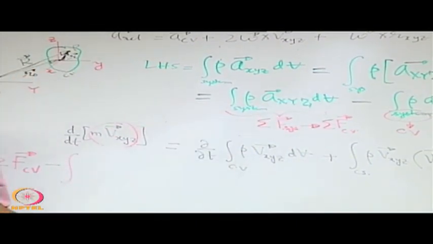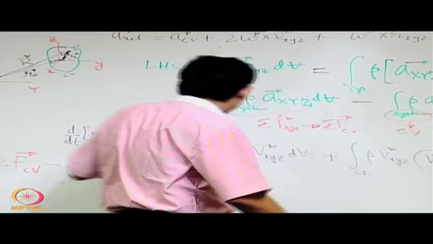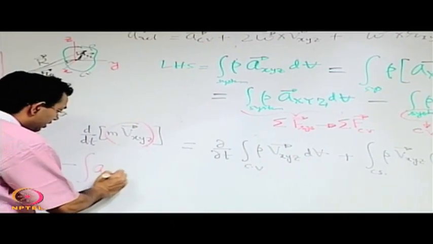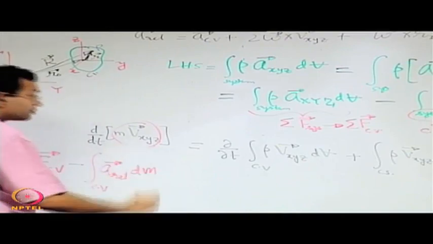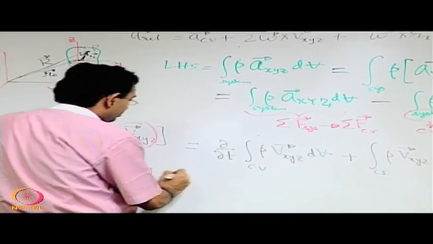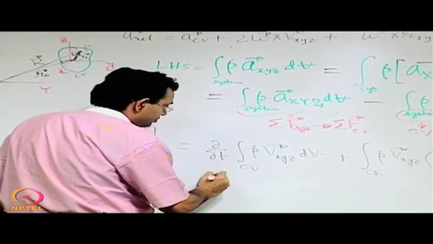So, that is just like here also. So, it is like the integral of A relative dm, is equal to the right hand side, whatever is there.